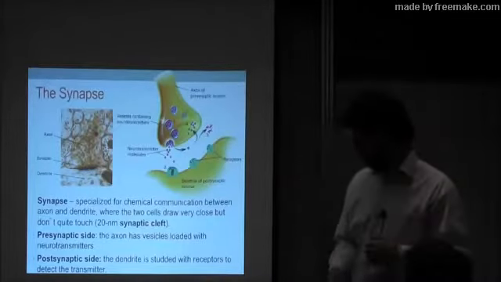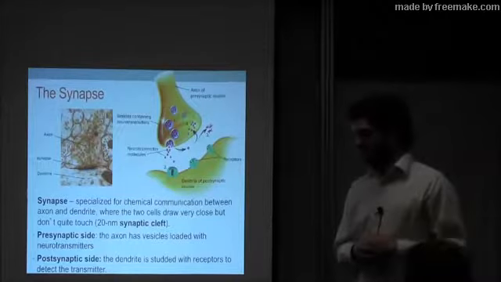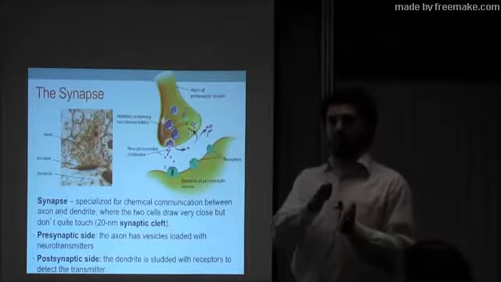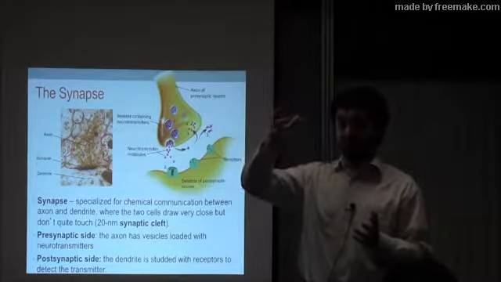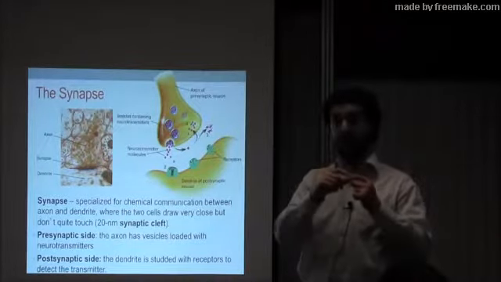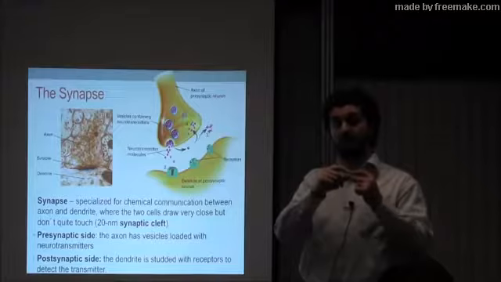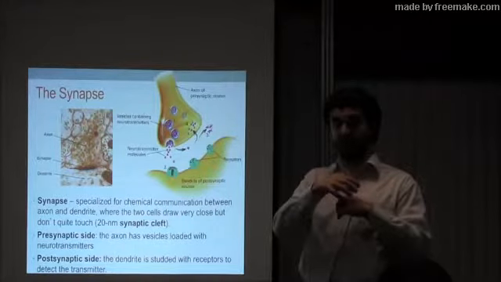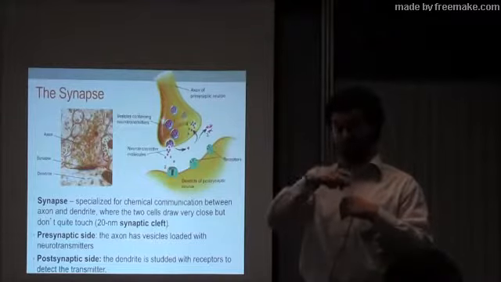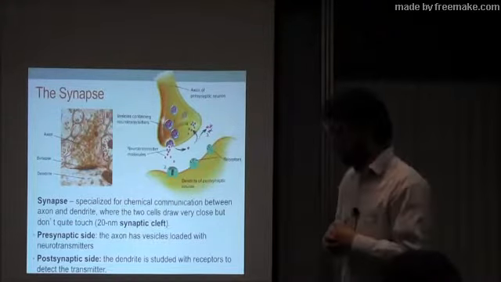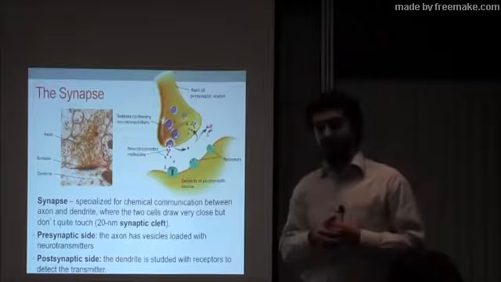All right. So the synapse is an area where two neurons come in contact. So we have a presynaptic element. A synapse is a very thin area, around 20 nanometers across, where two neurons come in contact. There are multiple elements to the synapse.